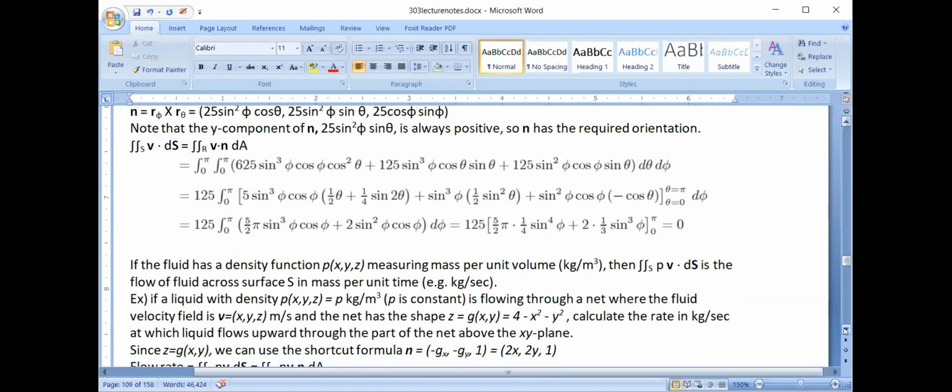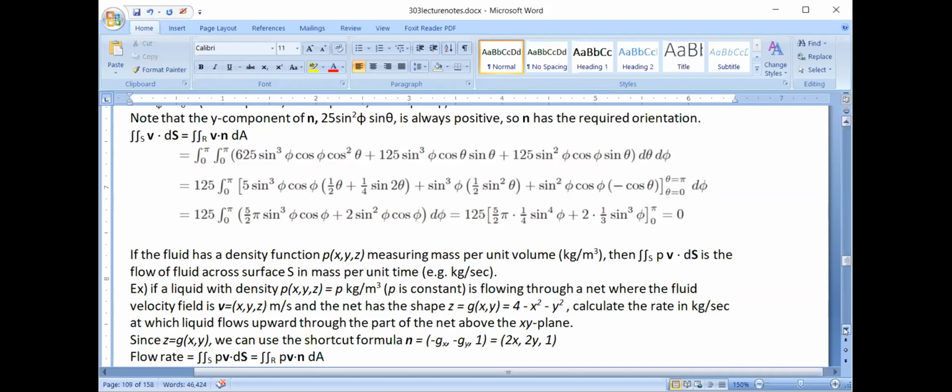The shortcut formula for the normal vector is negative gx comma negative gy comma 1. In this case, that works out to be 2x comma 2y comma 1. There's your normal vector. And basically we're going to use x and y as our parameters, and we'll just leave it in terms of x and y.